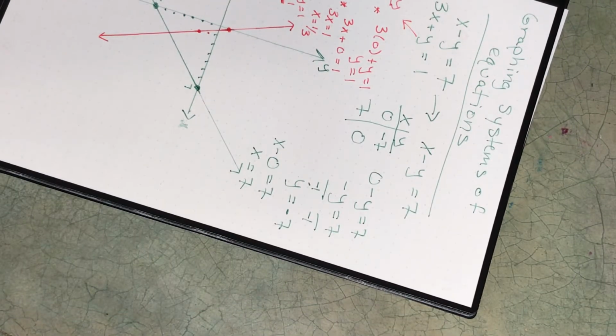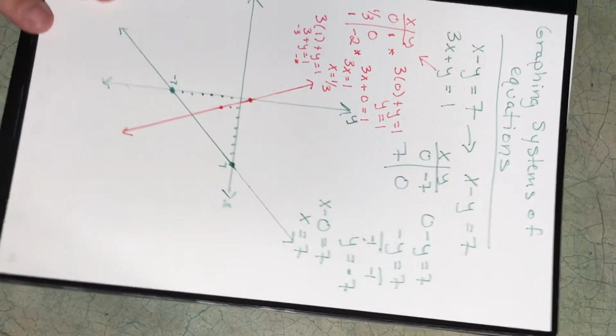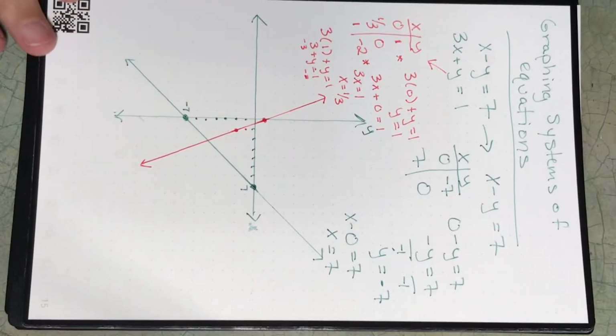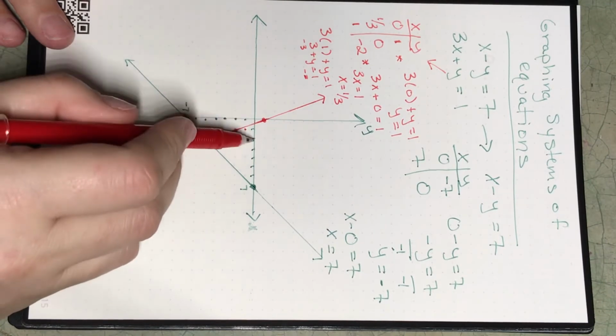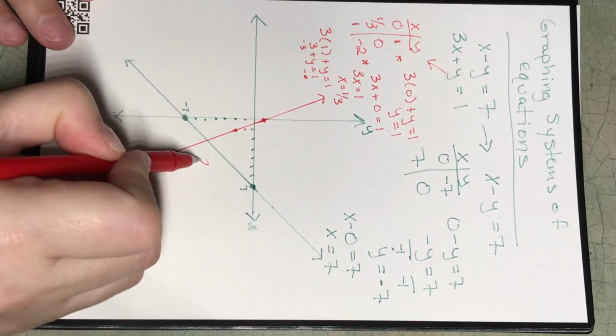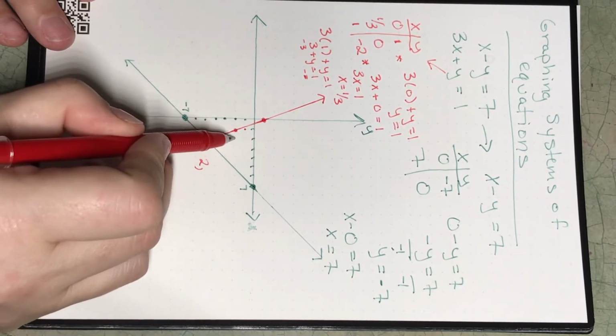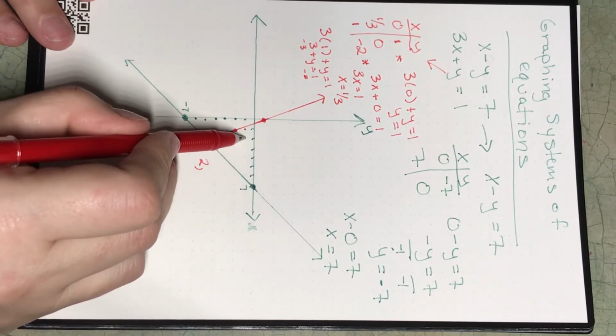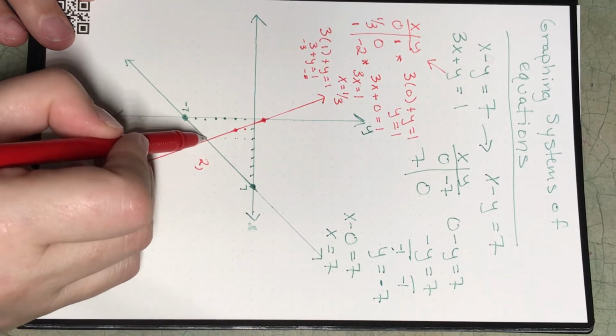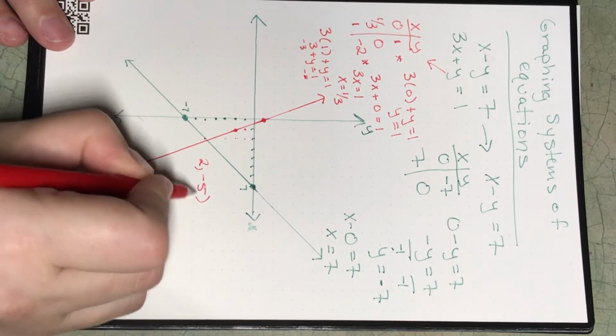Okay, so then it looks like, am I on the screen still? Okay, it looks like our lines are crossing at 2, -1, 2, 3, wait, 1, 2, 3, 4, 5, -5.